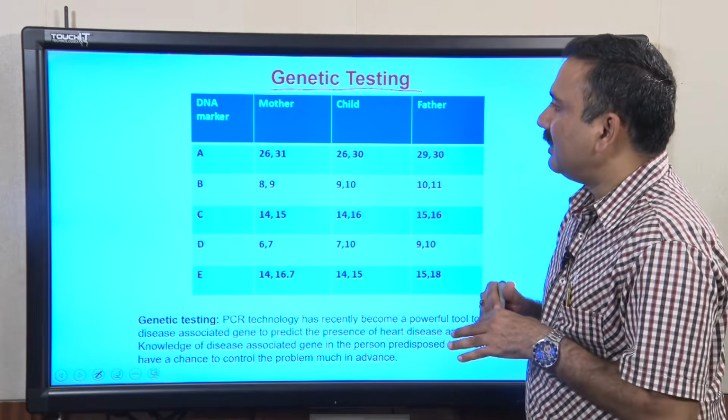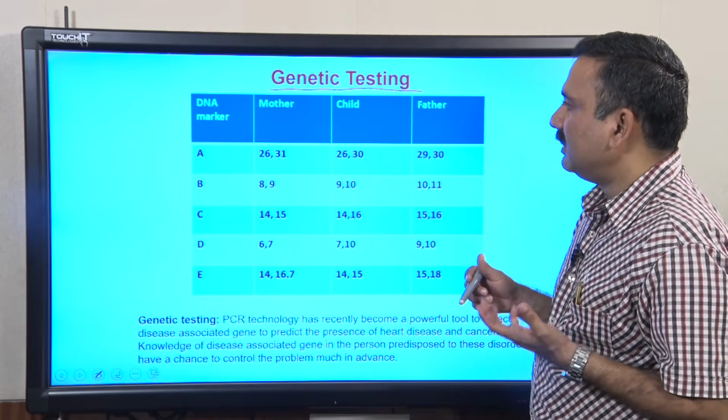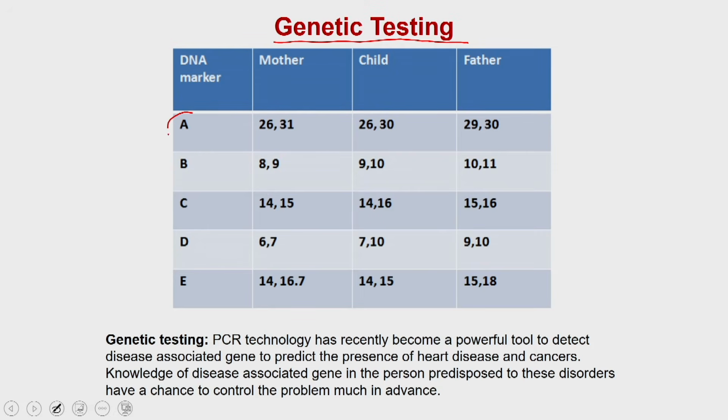For that kind of analysis, first you have to characterize the DNA markers present in that particular family, and once you characterize those DNA markers, you have to see whether those DNA markers are present in the child as well as in the mother and father.